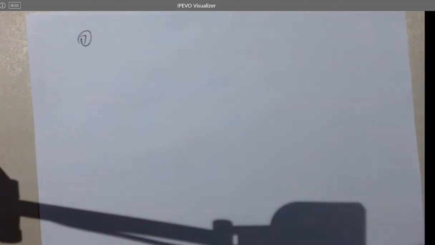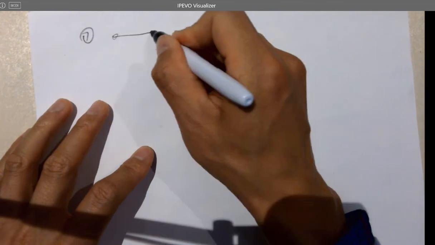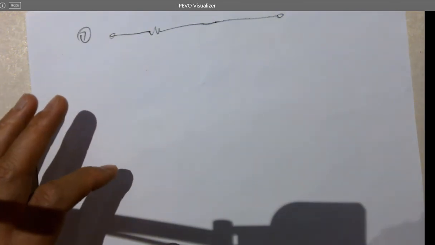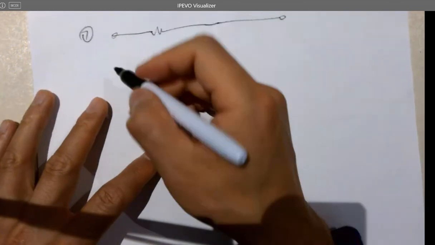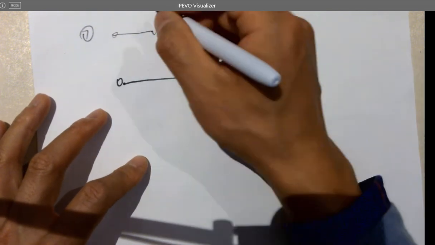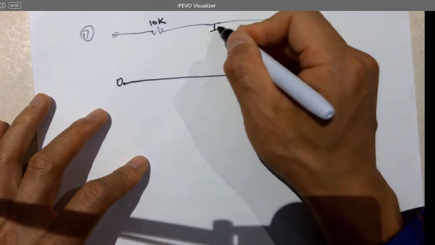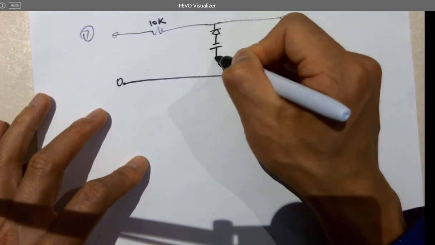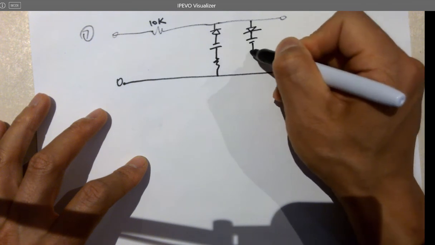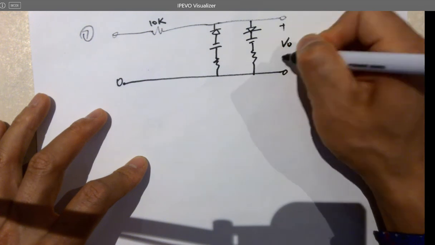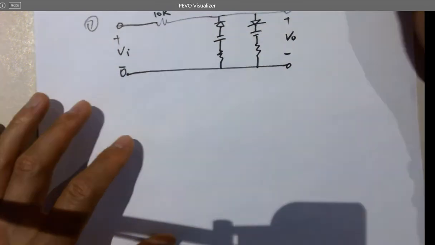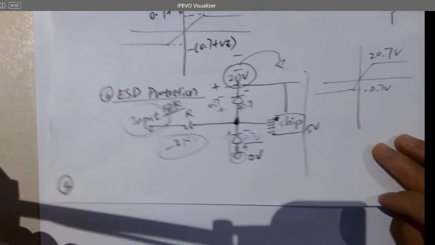Example 7. That was a positive and then try the chip, right?